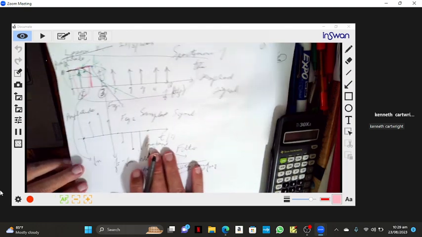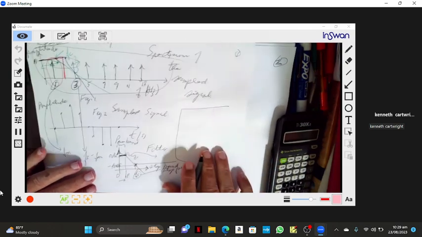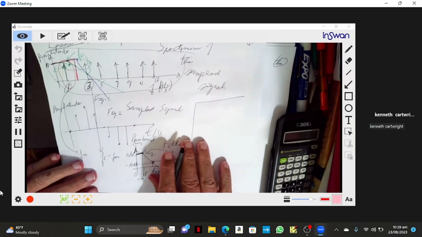So what restrictions do we have on FS, the sampling frequency?